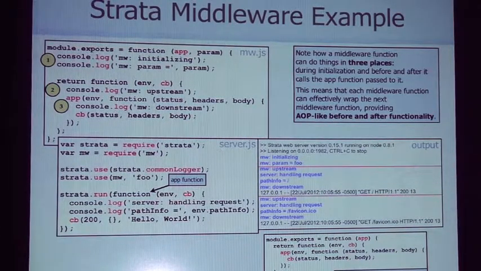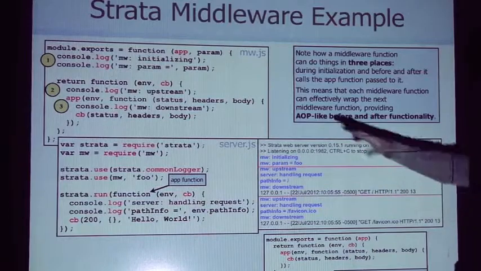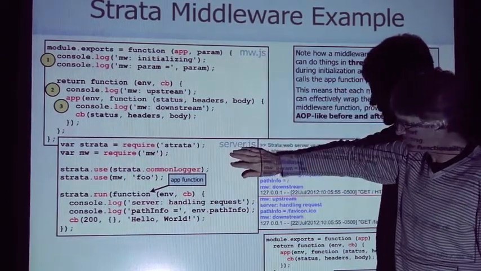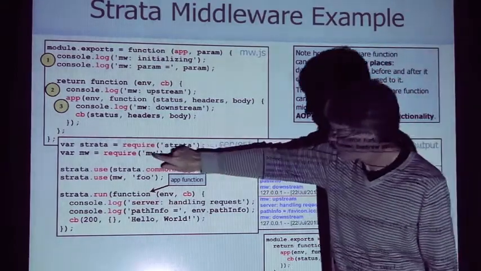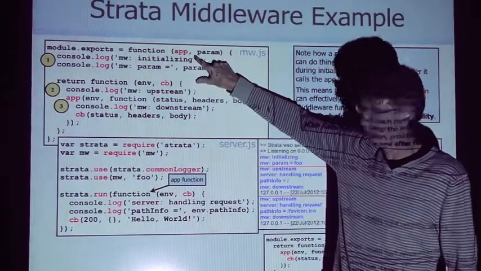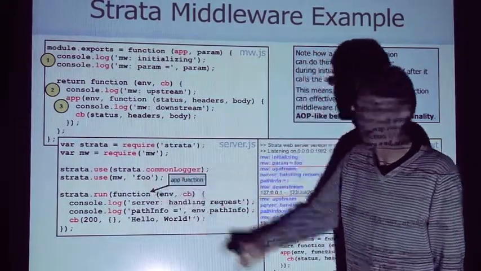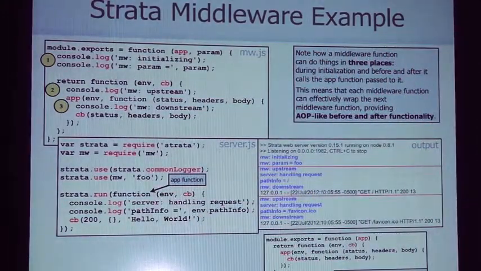What I want to demonstrate in this simple example are the pieces of middleware and when they get executed. This file here is mw.js for middleware, and then here's my server. Notice my server requires this middleware, and then it uses it right there. I'm passing in one argument, just a string foo, that is some kind of configuration of the middleware.